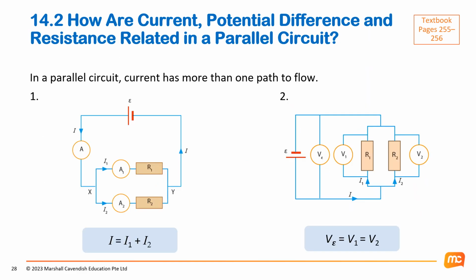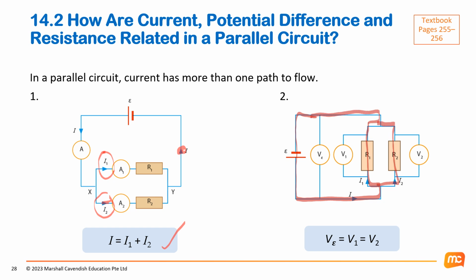Okay, so this is what's happening. This is I1, this is I2. So the sum of the individual currents will give me the total current. Then same thing for a parallel branch, this is how the current travels.